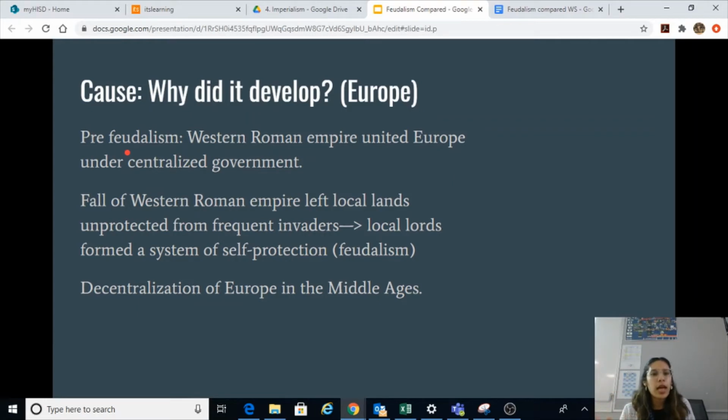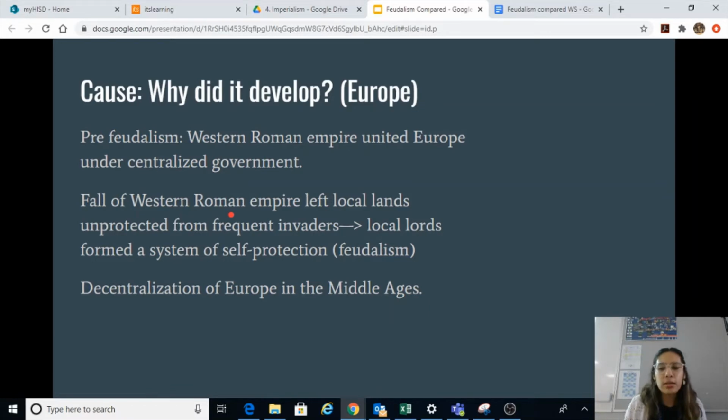So the western half of the Roman Empire is going to unite Western Europe under a centralized government. But then when it falls, Europe is kind of left in the hands of local lords because there's no central authority, so your authority is going to go to basically the person that you know, your local landlord.